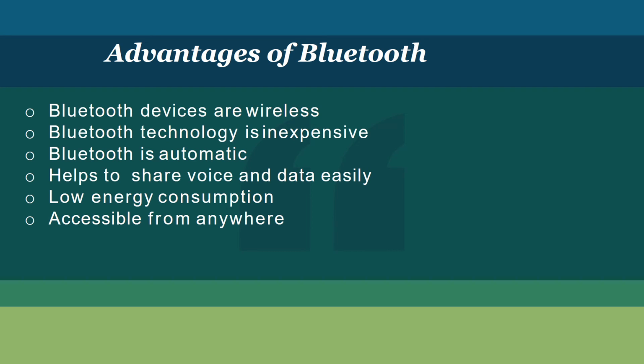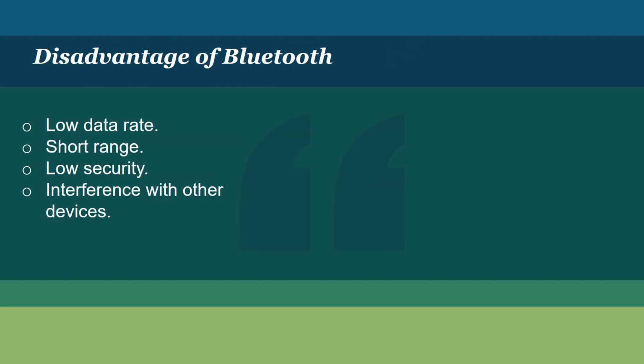Low energy consumption, and it can also be accessible from anywhere. You will be using a lot of Bluetooth devices, for example a headset, where you can listen to music through wireless technology. The energy consumption of the Bluetooth headset you use is always very low. It's not much expensive. Bluetooth technology also has some disadvantages.